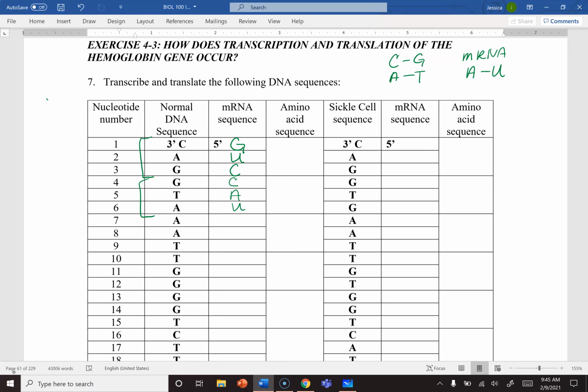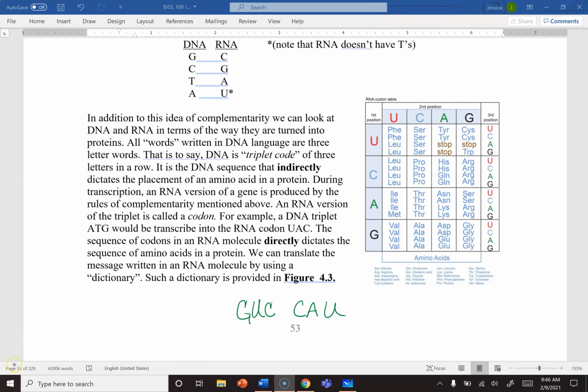Let's go look at the codon chart earlier in the lab to determine the first 2 amino acids in the sequence. Let's remember GUC, CAU. If our first 2 codons in our mRNA are GUC and CAU, that means our first amino acid, GUC, is valine.